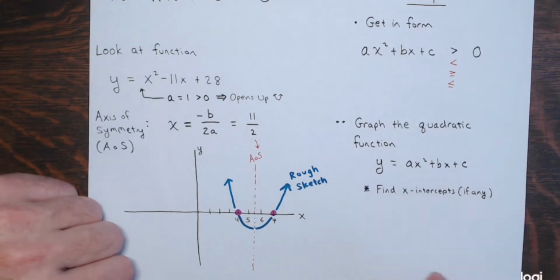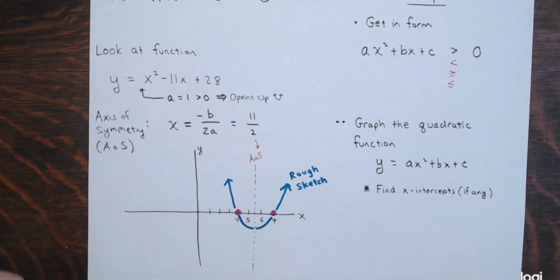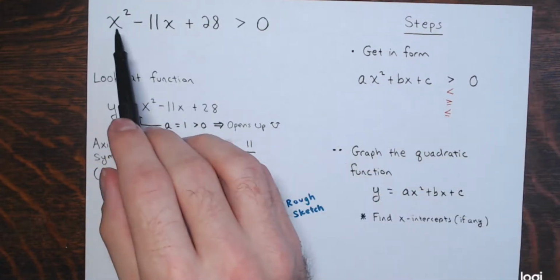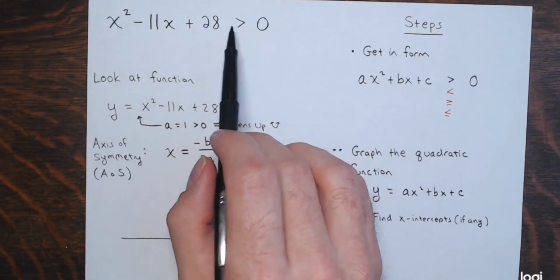It's enough to know where the x-intercepts are and how the parabola is opening, to know where the parabola is located to be able to solve these inequalities. Because now I'm doing this. Remember what I did in the beginning? We had x squared minus 11x plus 28 is greater than 0. Trying to figure out where this is happening.